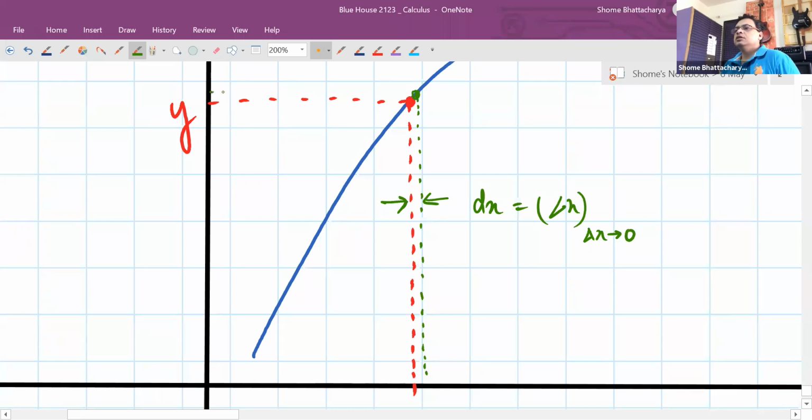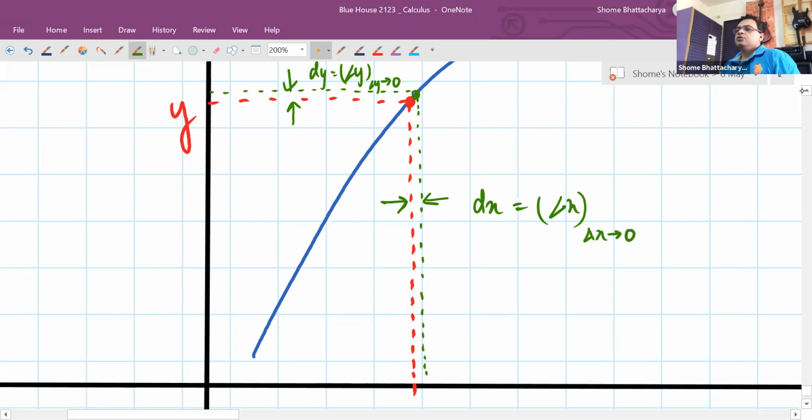Correspondingly, the change in the y coordinate will also be very small. So that will be our differential change in y, or our infinitesimal value of delta y. And their ratio will be nothing but the instantaneous rate of change.